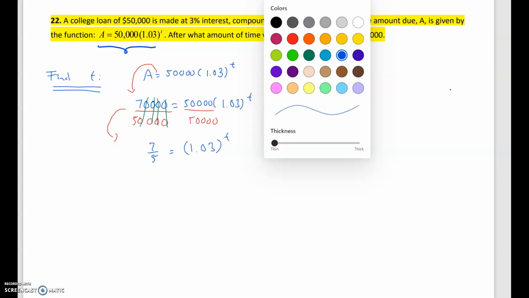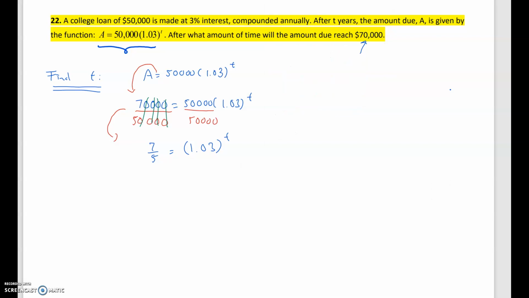And then the next step, in order to cancel the exponential, I'm going to take the log of both sides. So technically the log of the left hand side and also the log of the right hand side. And let me rewrite it. What this allows us to do is to drop the exponential. So you have the log of 7/5.